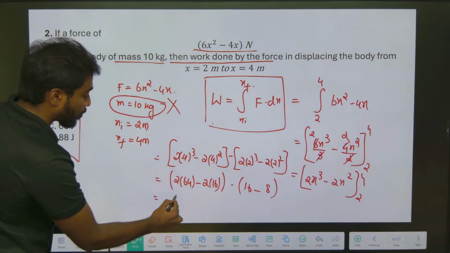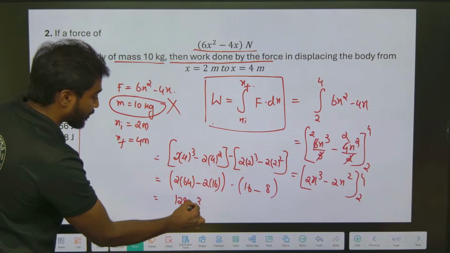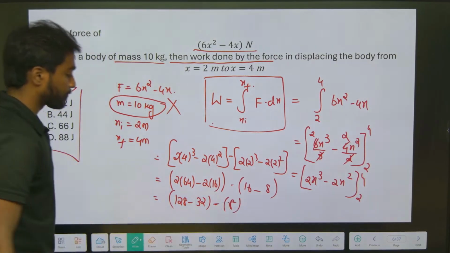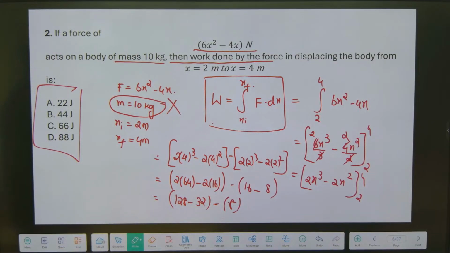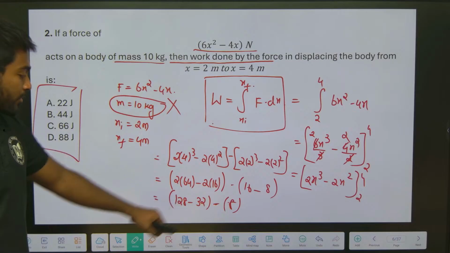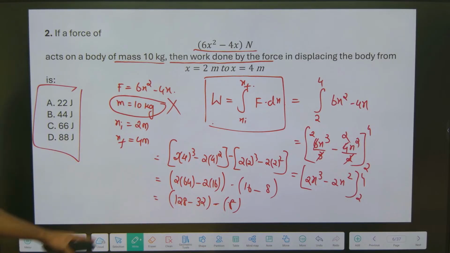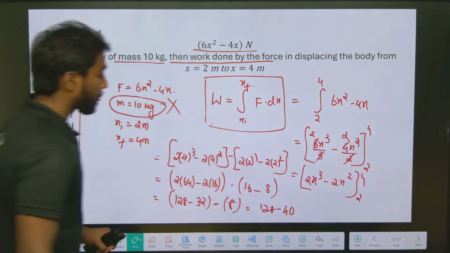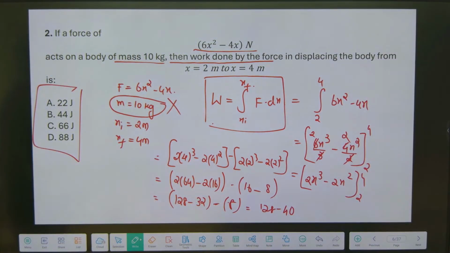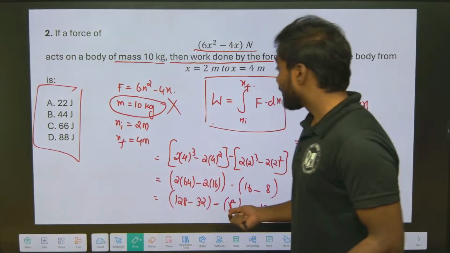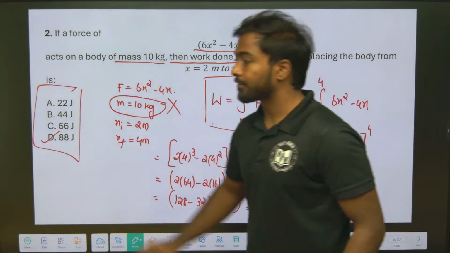So what about this: 128 minus 32, and minus of 8 will come. How much will be remaining? Simple, 128 minus 40 will be the thing. So 88 will be the answer. 120 minus 40 is 80, and plus 8 is 88. So option D is the answer.